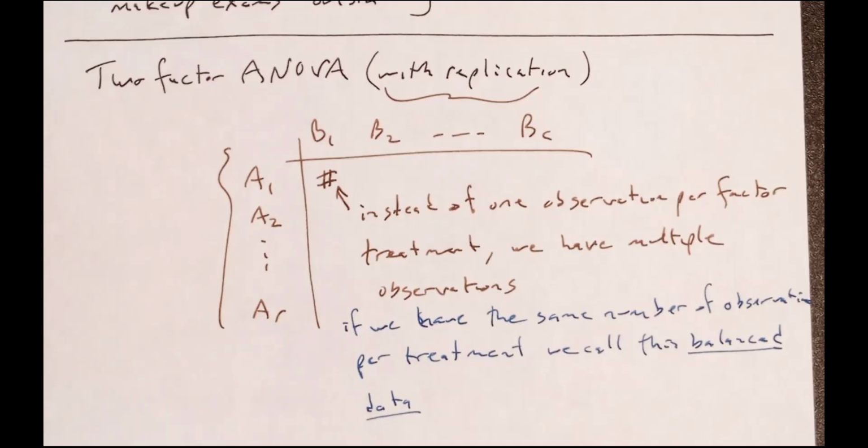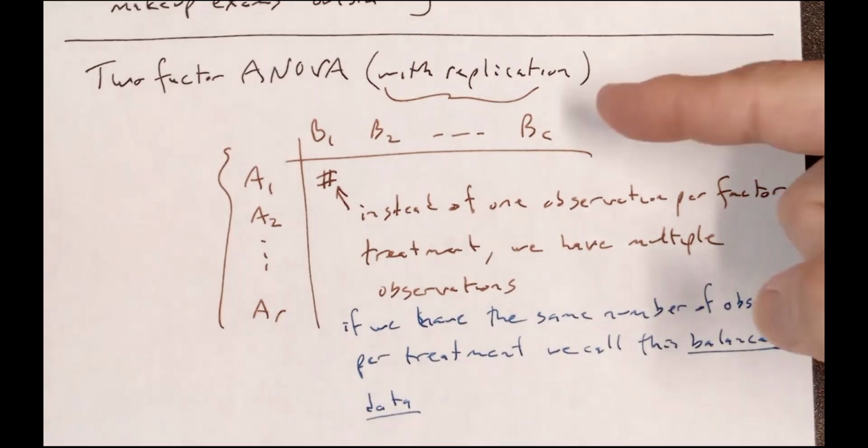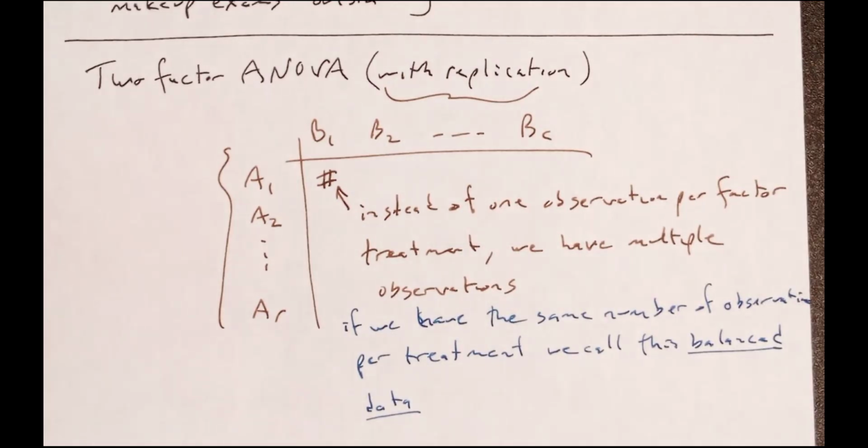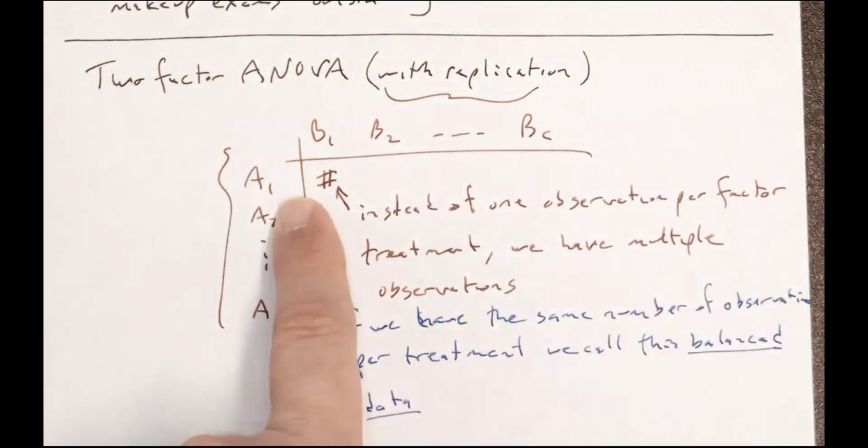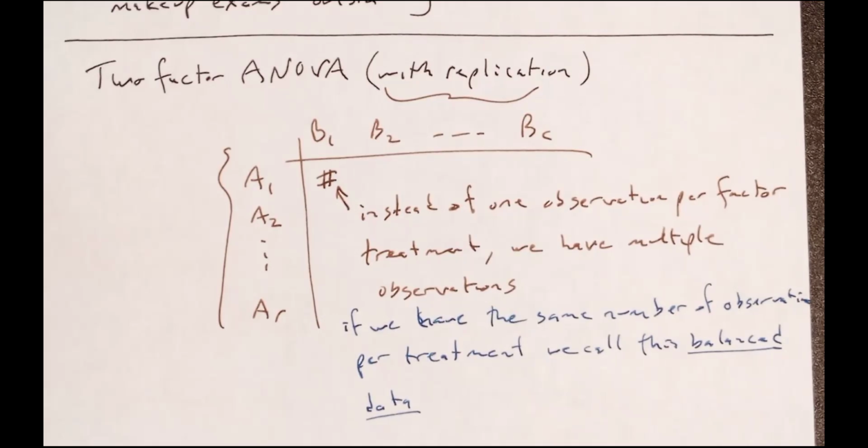Something that has this is called an ANOVA with replication, which means I can test for more things. Not only can I test for the effect caused by factor A and the effect caused by factor B, but I can say within this treatment, within this combination, A1 and B1, is there variation there that is due to some interaction between A1 and B1?